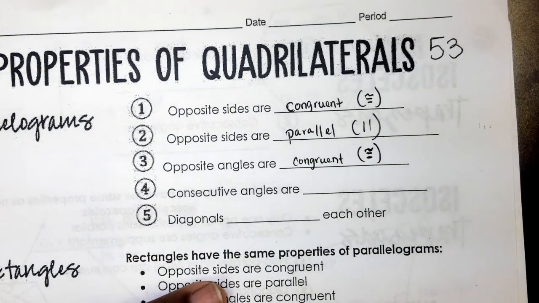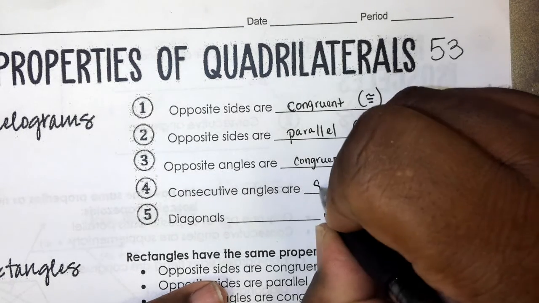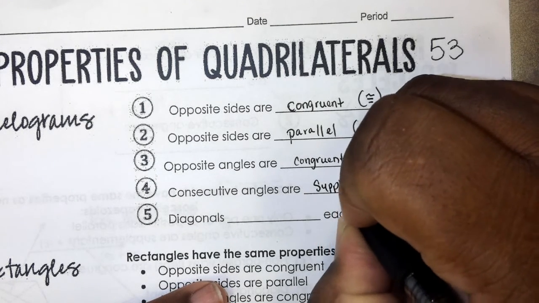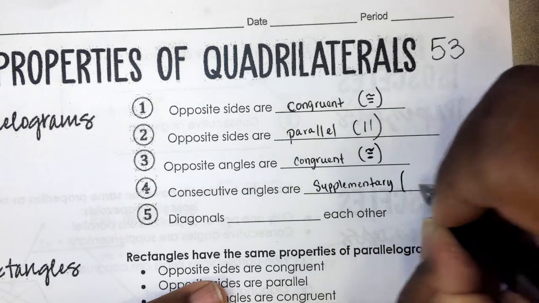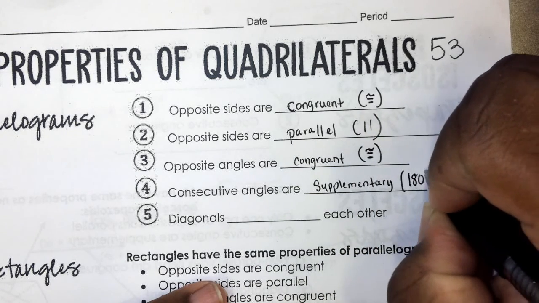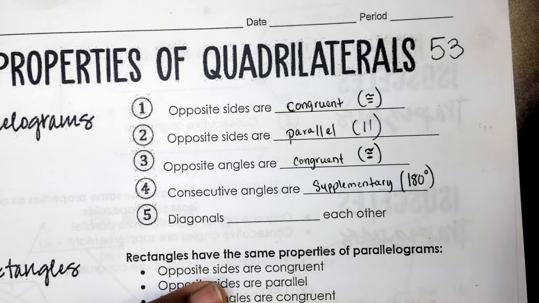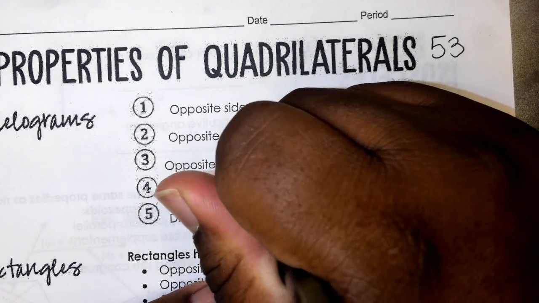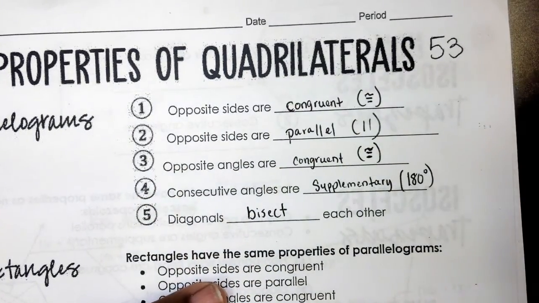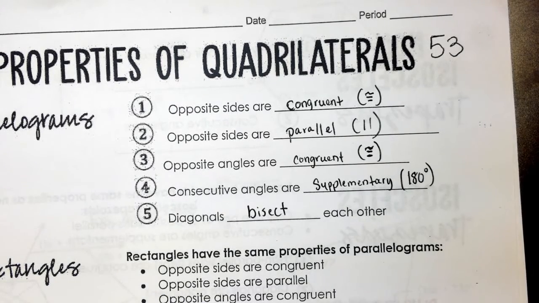Consecutive angles are supplementary. Supplementary meaning add up to 180 degrees. Diagonals bisect each other. The 5 properties of a parallelogram. If your shape meets those 5 things, it is a parallelogram.